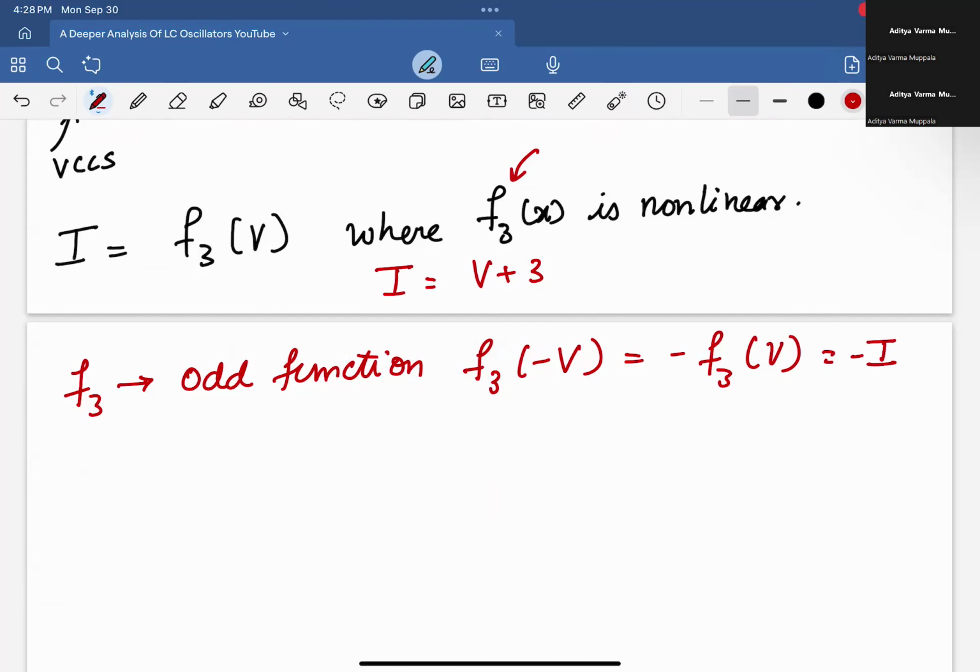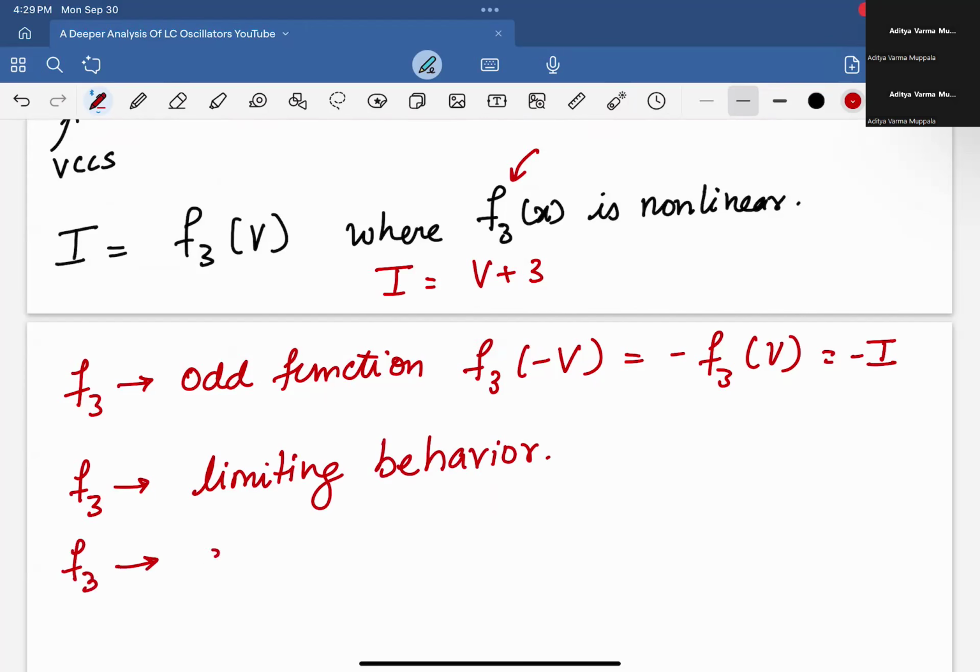So that makes sense. And then you also want F3 to have some kind of limiting behavior. For example, if you make the voltage very large, infinite voltage, the current should not be infinity. It should saturate at some point. And you also want F3 to be approximately linear for small voltages.